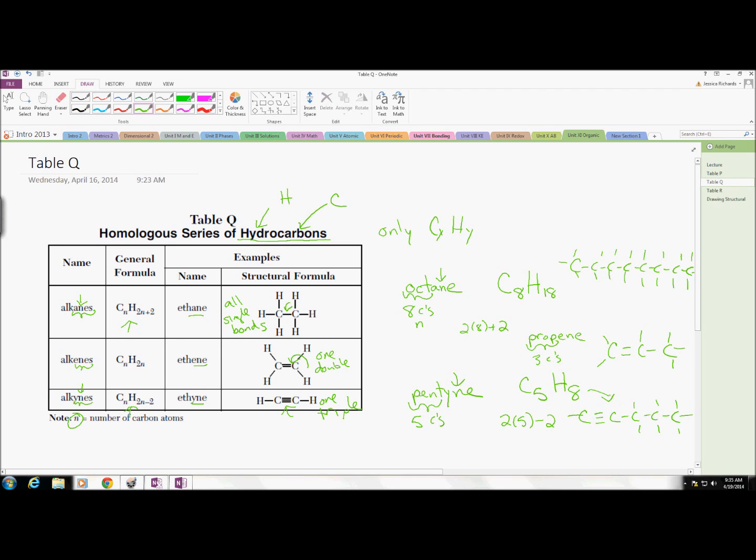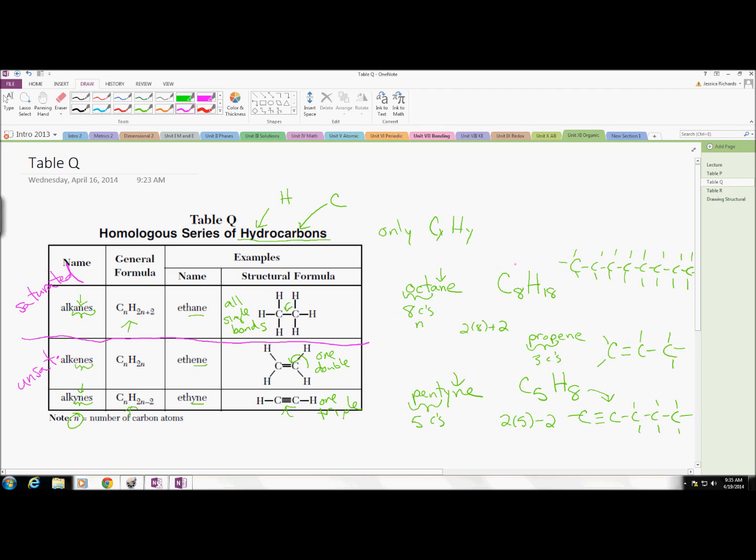You should always go back when you have to draw a structure, count the number of carbons, count the number of hydrogens, make sure they match your formula. One of the things that you should most definitely do on this table is mark which ones are saturated and unsaturated. We'll talk about that specifically in a lecture, but your alkanes are your saturated hydrocarbons, and the alkenes and the alkynes are unsaturated.